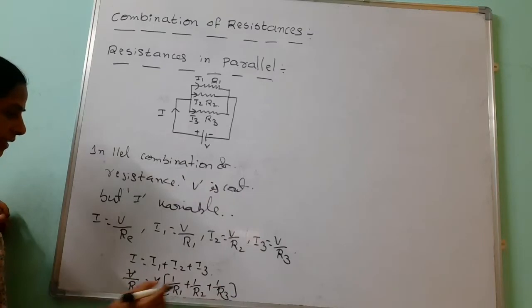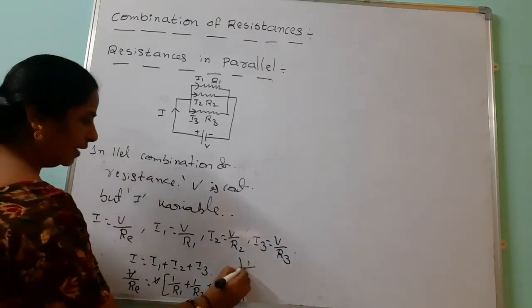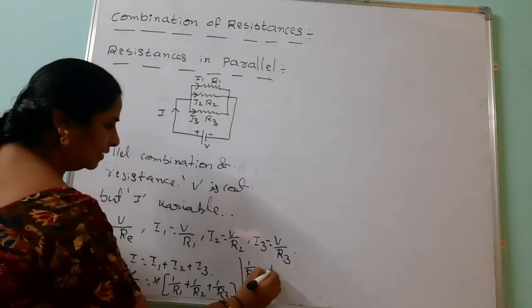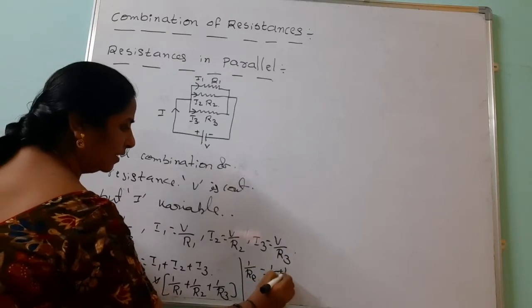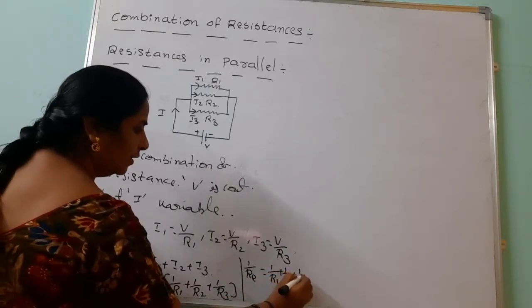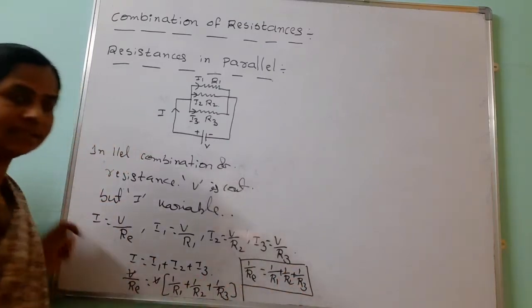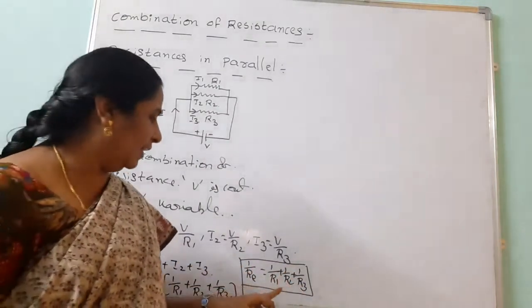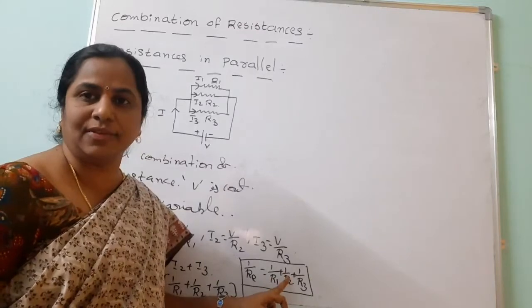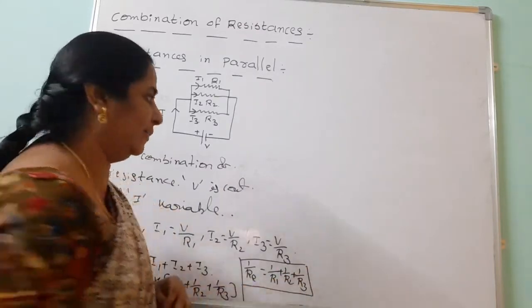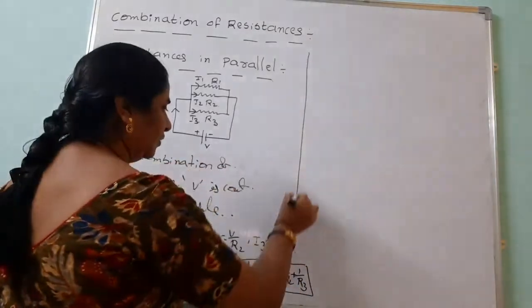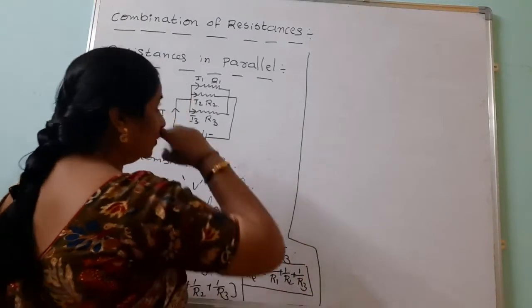V cancels. Finally, we get 1 by R effective equals 1 by R1 plus 1 by R2 plus 1 by R3. So when we use 3 resistors in parallel combination, we get 1 by R1 plus 1 by R2 plus 1 by R3.